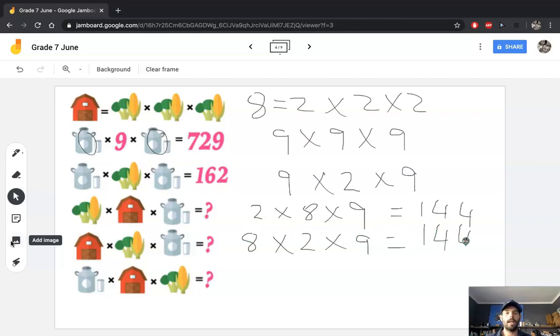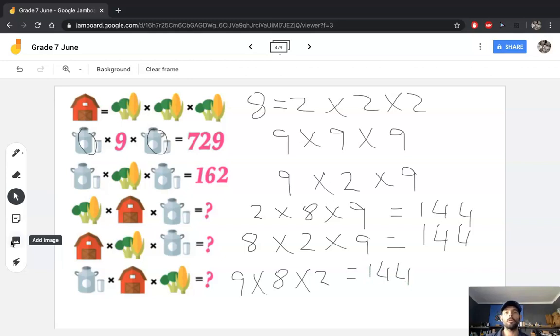So we're just trying to highlight the commutative property of multiplication to you. And then your last one is 9 times 8 times 2, and again that equals 144.